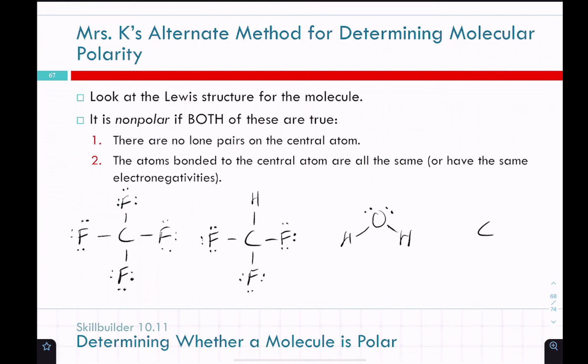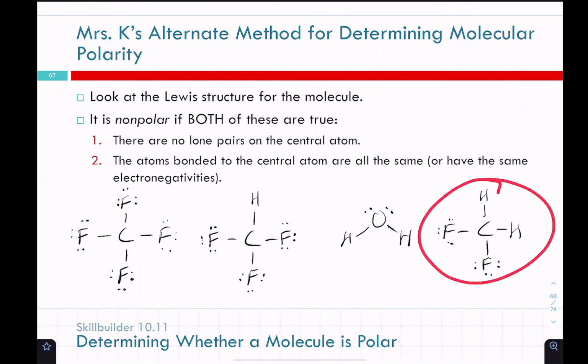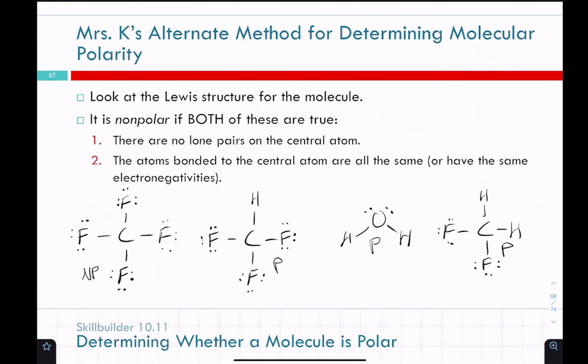You could even draw up this scenario where it's two hydrogens, two fluorines, right? No lone pairs, but not all of the atoms attached to it are the same, so it's still polar. So this one is nonpolar, polar, polar, polar.